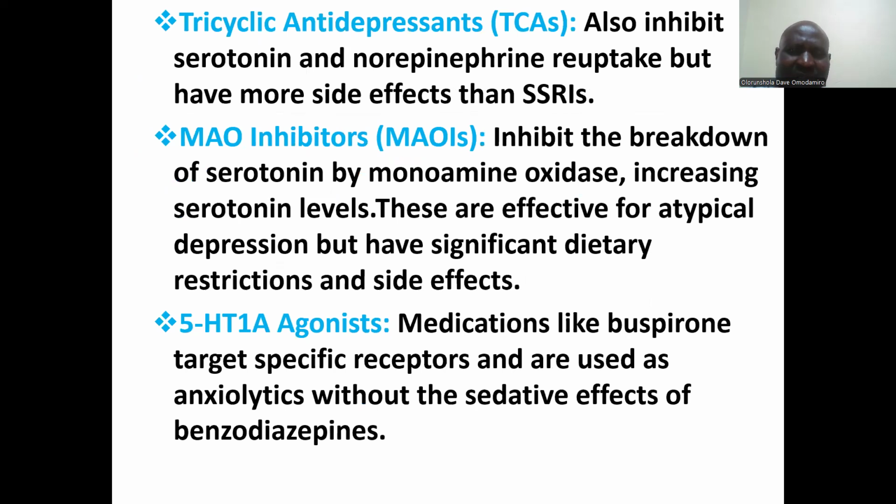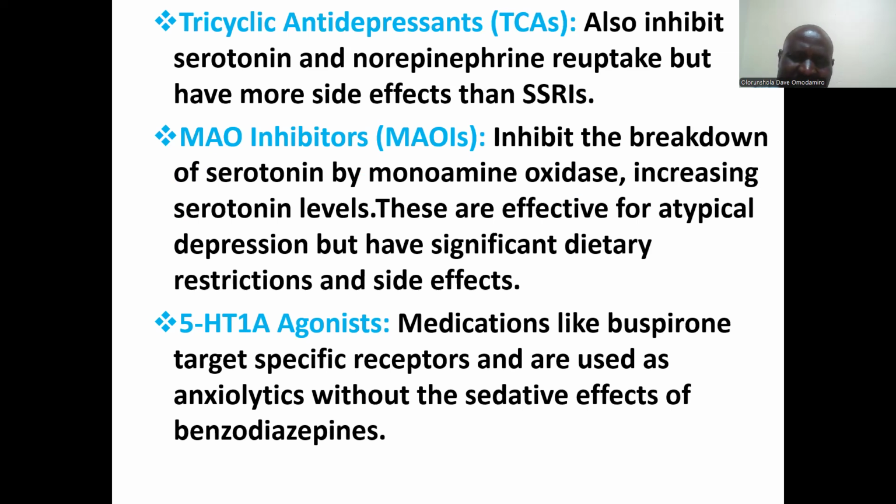The second one is tricyclic antidepressants. These also inhibit serotonin and norepinephrine reuptake, but have more side effects than selective serotonin reuptake inhibitors. We also have monoamine oxidase inhibitors.